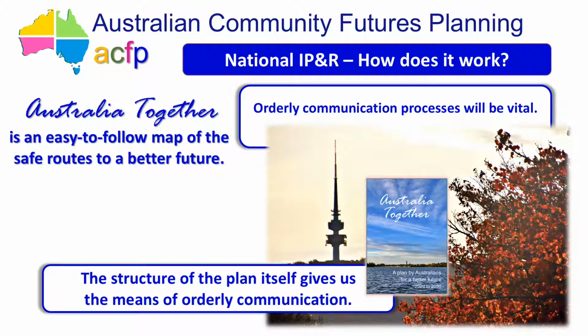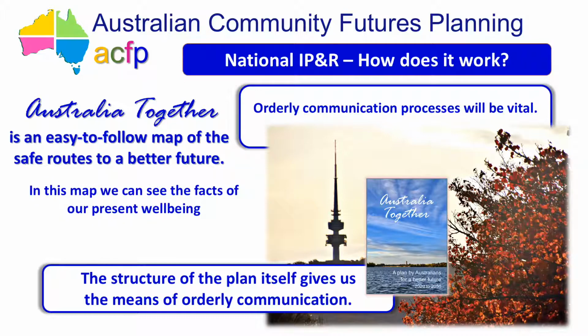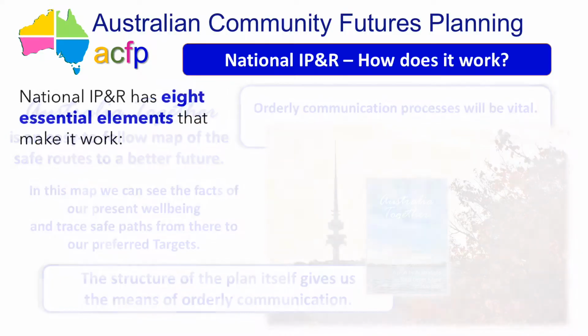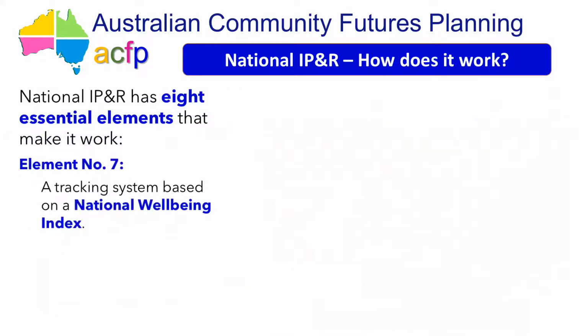We can construct a map that is easy to follow using a simple layout that connects the facts of our present position in terms of wellbeing and security with the position we wish to reach in the future, expressed as targets. Which brings me to the seventh element of National IP&R, a tracking system based on a National Wellbeing Index.